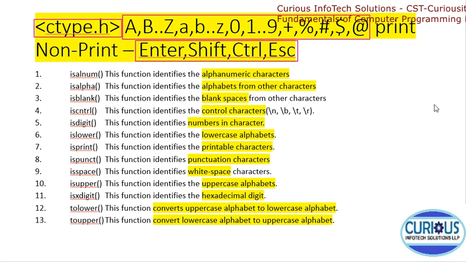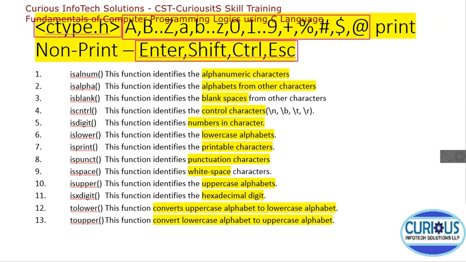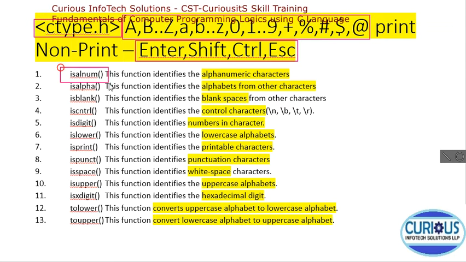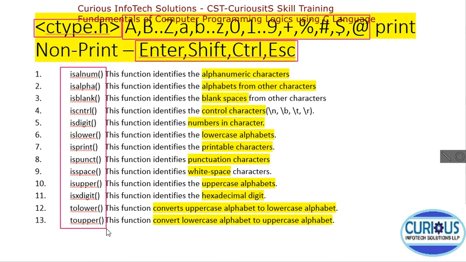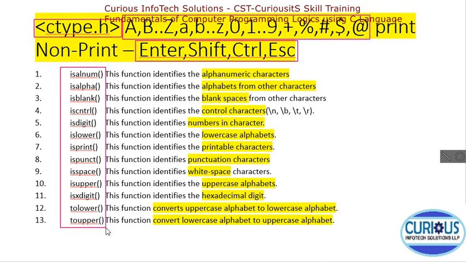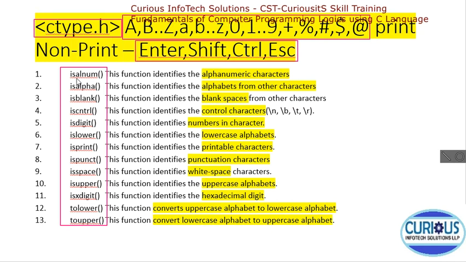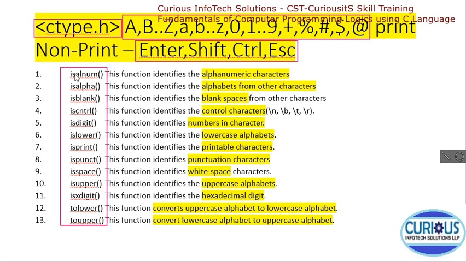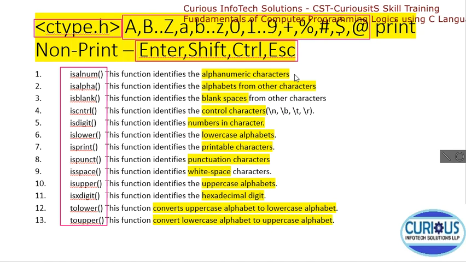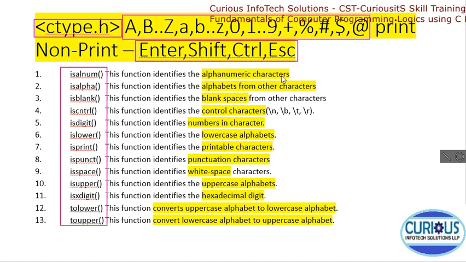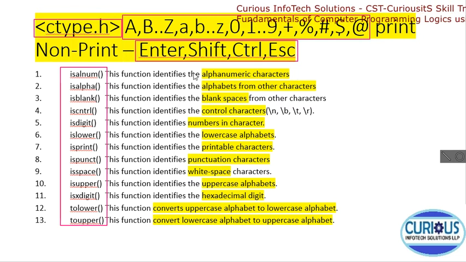So what is in ctype.h? In ctype.h the important functions are these. First is isalnum. Alphanumeric means small a to small z, capital A to capital Z, and 0 to 9. isalpha finds only alphabets.